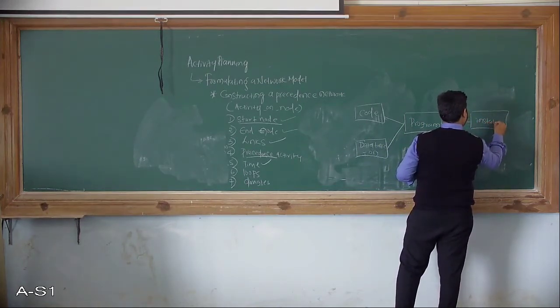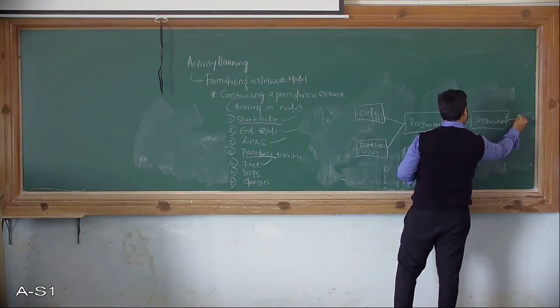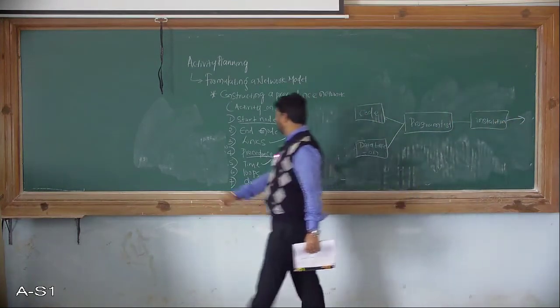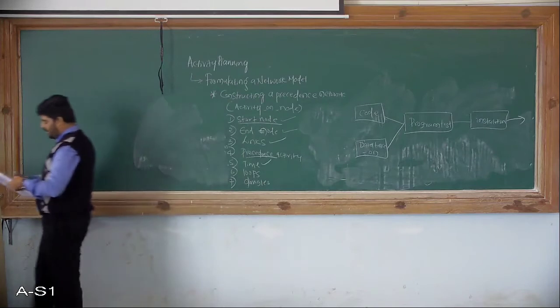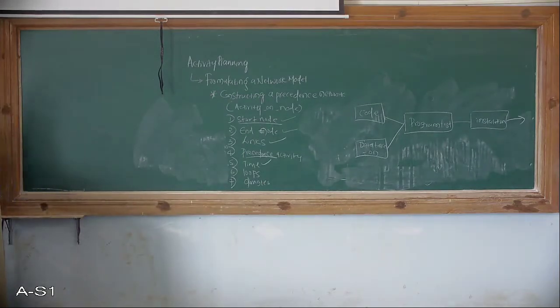And then it proceeds further. So here you can observe we have a code, we have a data take on, or else you can say a data, fine, then a program test, and then the installation. These are the normal scenario which needs to be followed in each and every project, especially in case of your software project.